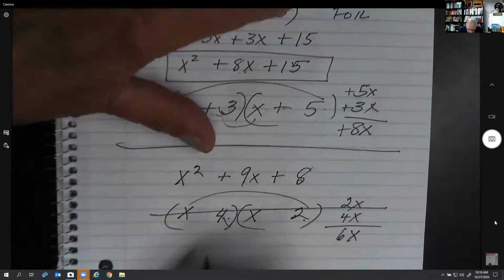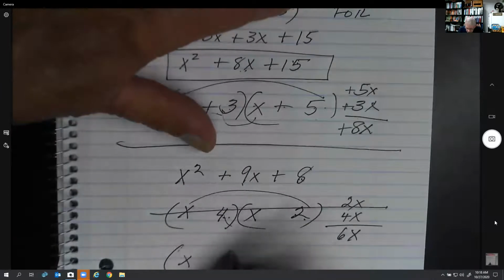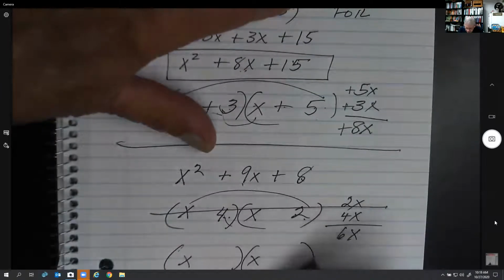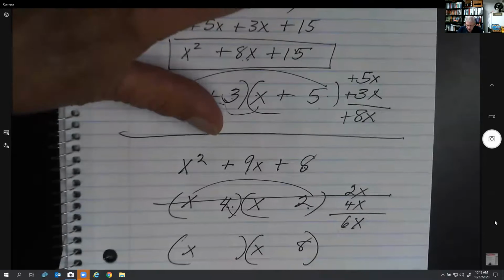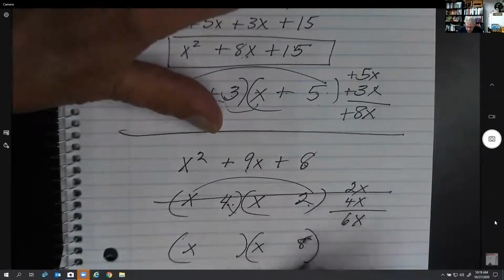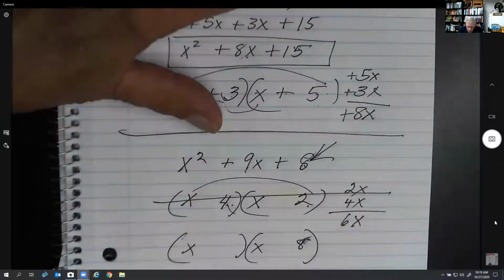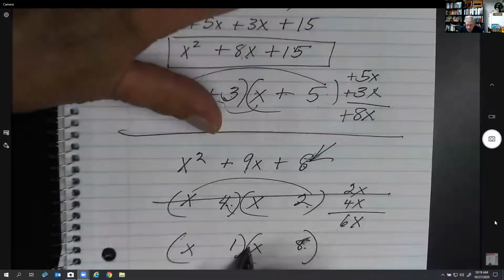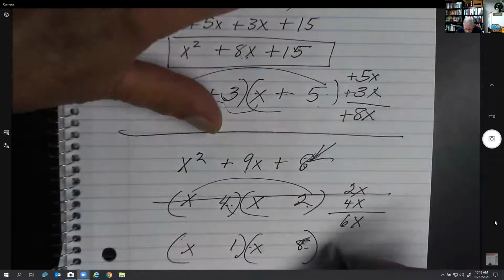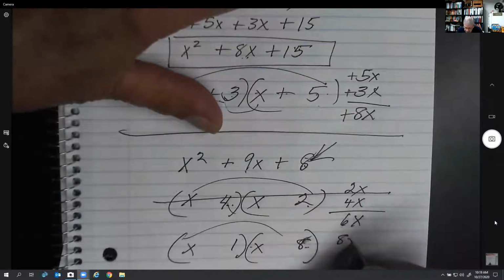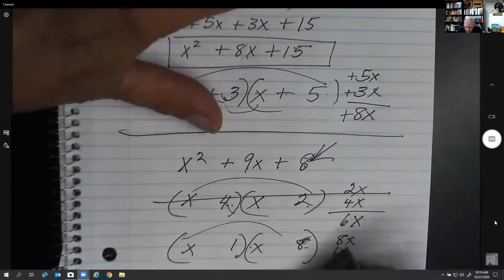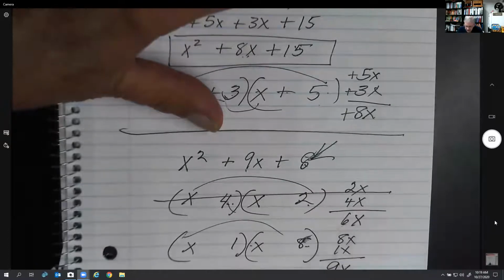So now I'm going to try another combination, and this way we call this sometimes trial and error. What else could we use to get an 8 right there? 1 times 8, huh? 1 times 8 could give me 8. This would be 8x and 1x. And if we add them together, we get 9x, right?